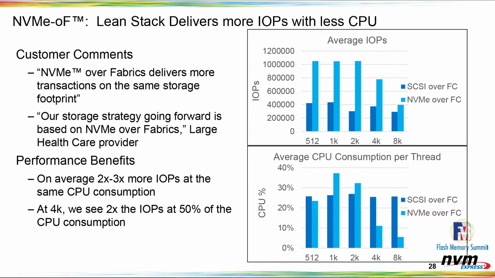For this product set, it's not that big a deal. And so you see over 1 million IOPS with NVMe over Fibre Channel, about the same CPU. SCSI over Fibre Channel, lower IOPS, about the same CPU.